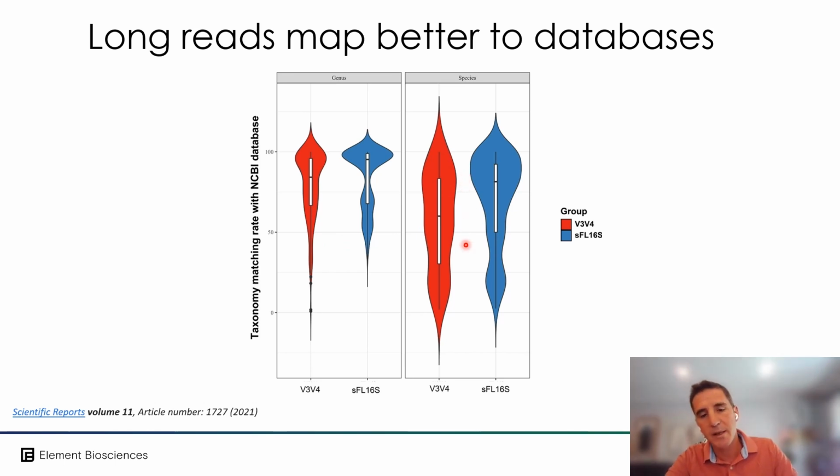And what you can see is that when you go down to species level, which is the figure on the right, there's a big chunk of the data for LoopSeq that is highly resolved, close to 100%. That's where most of the data is concentrated at the species level, with very high confidence, which is not so much the case for V3, V4 sequencing.